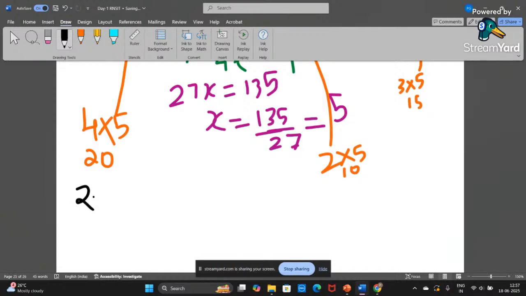20 coins of 5 rupees, then 10 coins of 2 rupees, then 15 coins of 1 rupee.